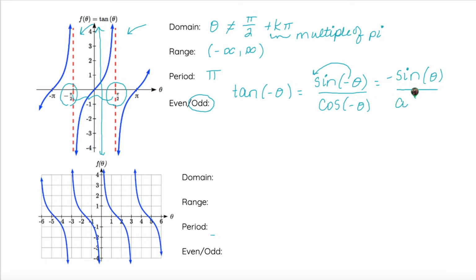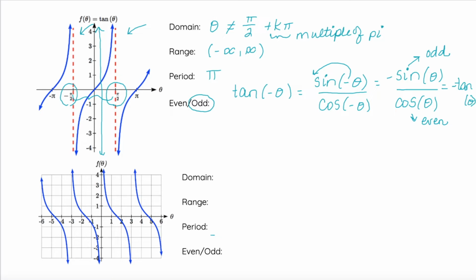And cosine, there was no change, it's just the same. So sine we know is odd, and cosine is even, therefore tangent must be odd itself. This gives us negative tangent of theta when we simplify. So therefore it is odd, similar to sine.